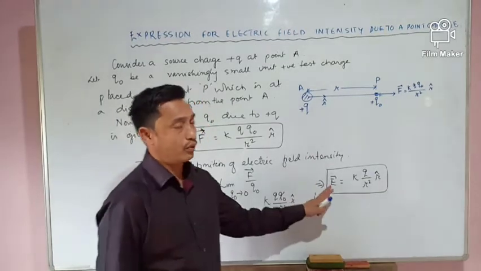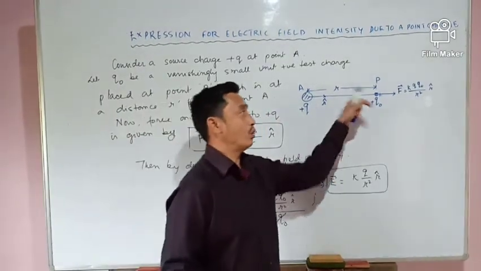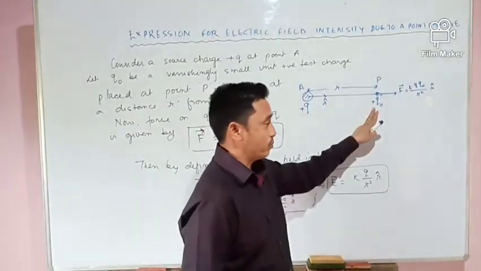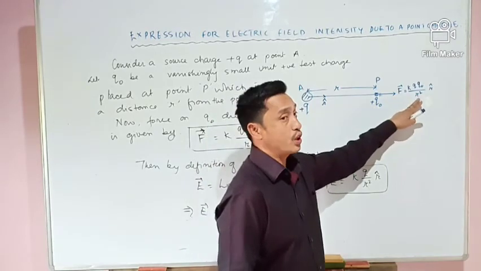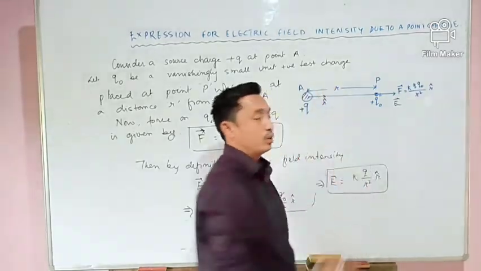The direction of the electric field is along the direction of the force on the Q naught charge. Since it is plus Q, the direction of force is along this direction, so the electric field is also along the same direction.